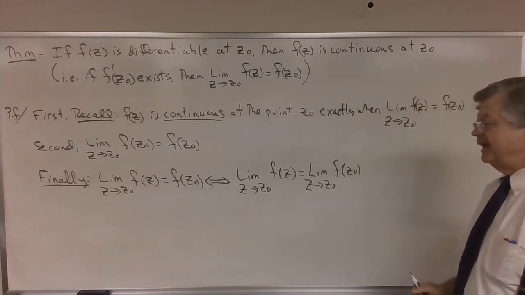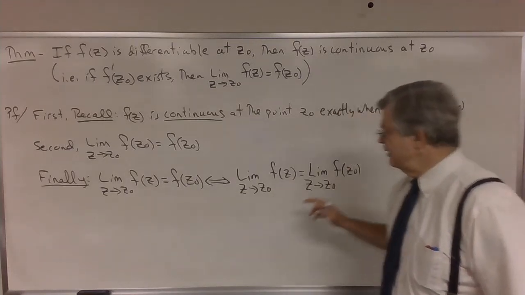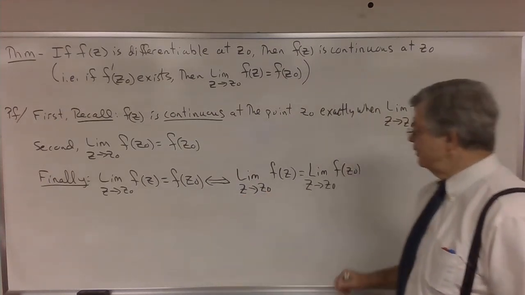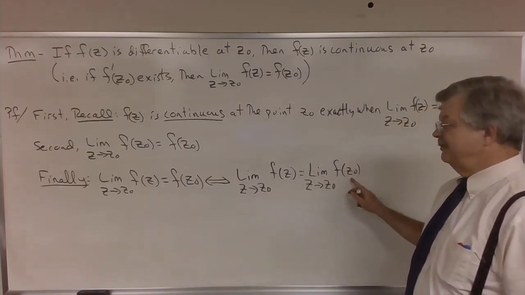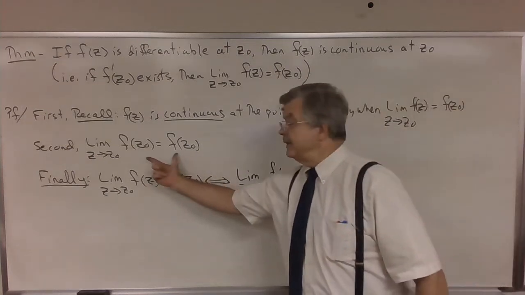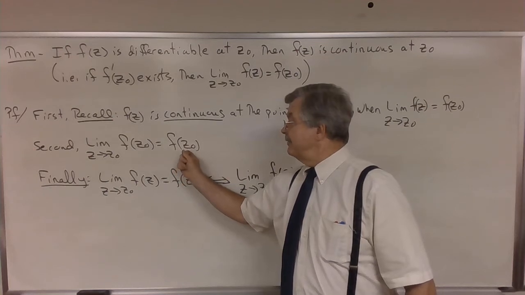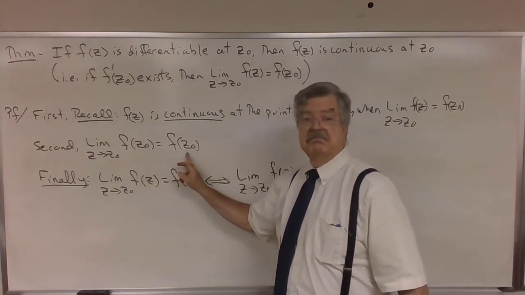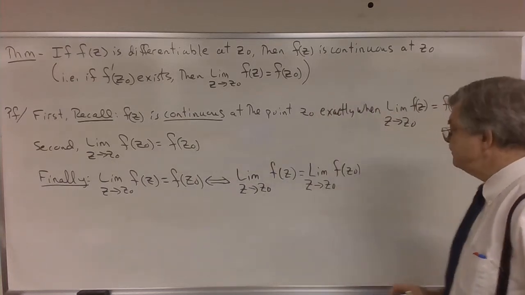So what did I change from here to here? I replaced f of z naught with the limit of f of z naught, which is fine because f of z naught is a constant, so the limit of f of z naught is just the constant.